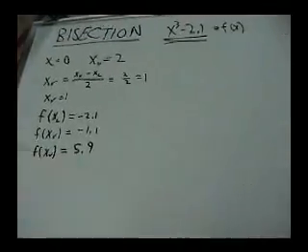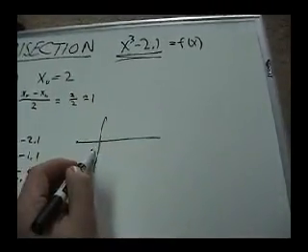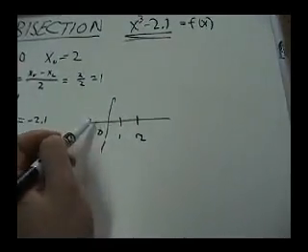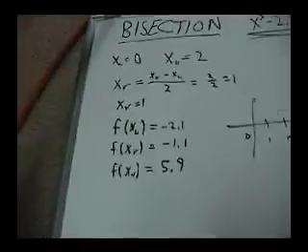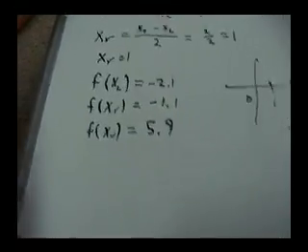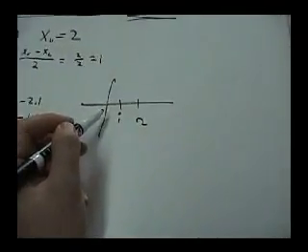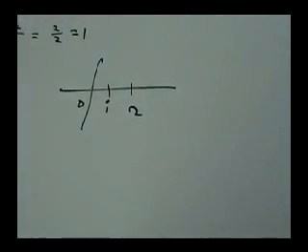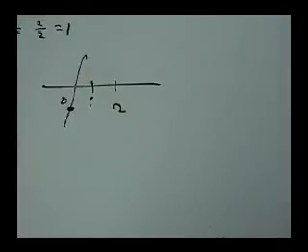Alright, so the way to now picture this is we've got a graph. Here's 0, here's 2, here's 1. This is our xr in the center here at 1. We know that f of xr is negative, so we're going to plot a point down below the x-axis. And at xl we've got a negative value too, so we're going to plot another point here.